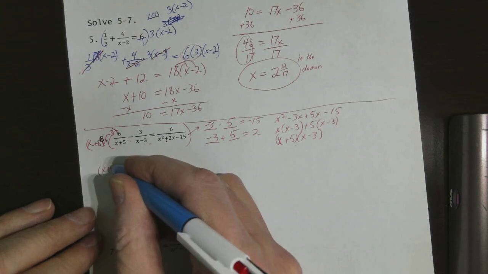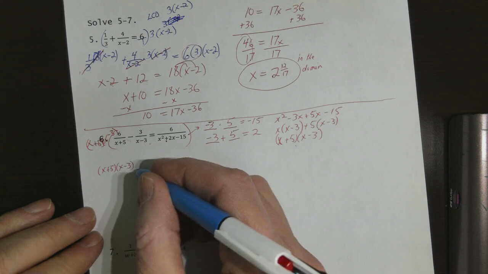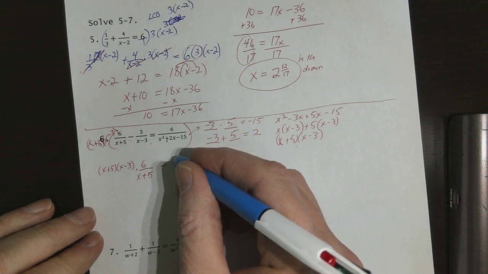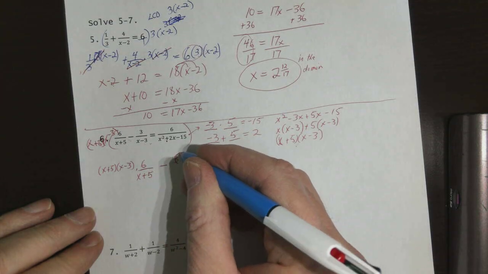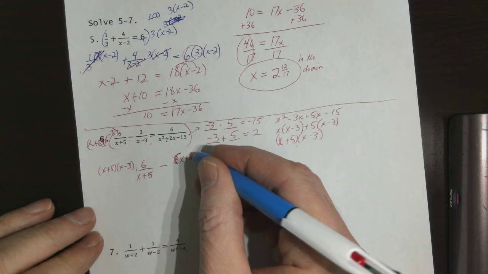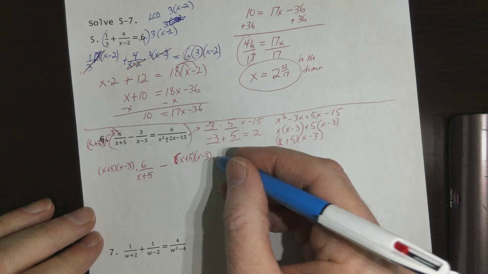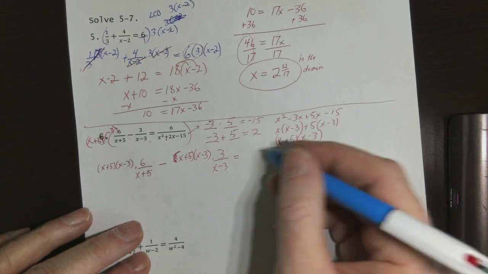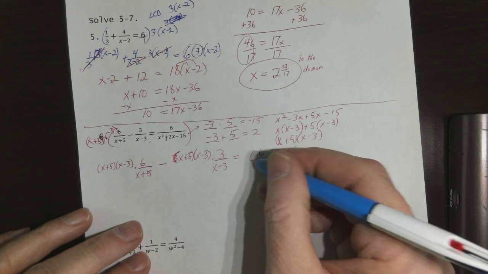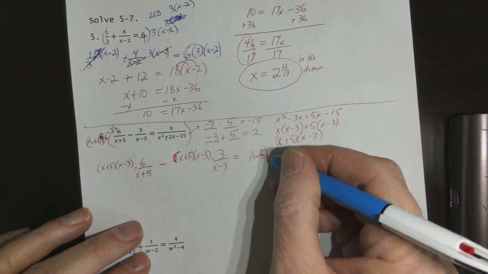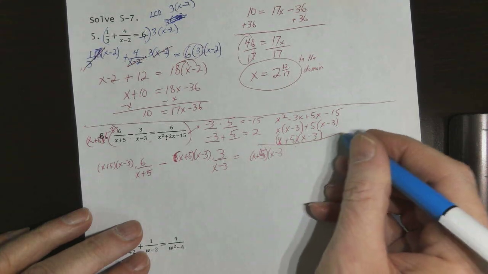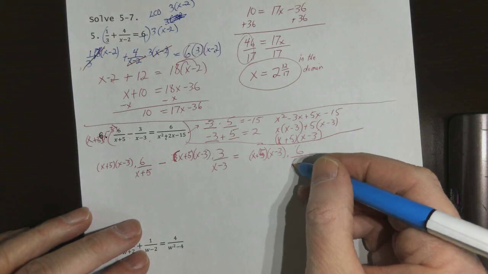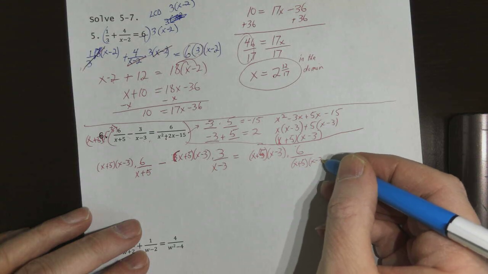So x plus 5 times x minus 3 times 6 over x plus 5, minus 3, well, let me do this, x plus 5 times x minus 3 times 3 over x minus 3 equals x plus 5 times x minus 3 times 6 over x plus 5 times x minus 3.